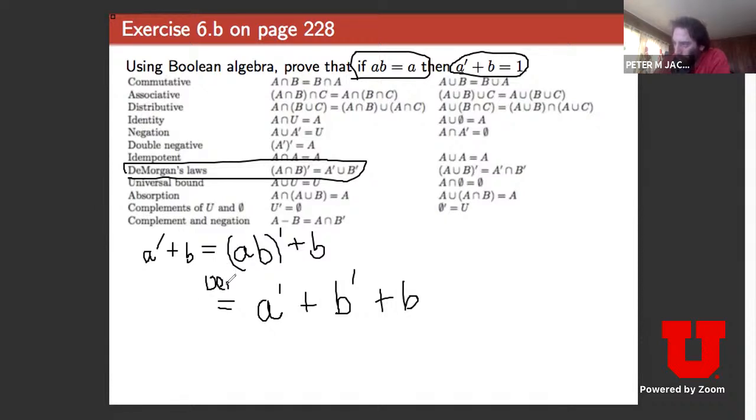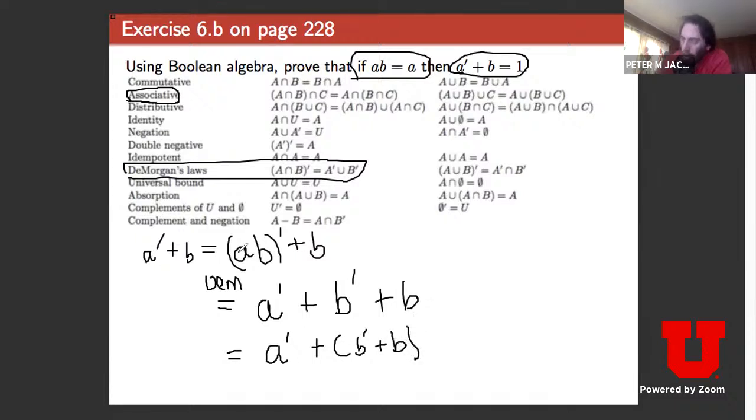So we would say that we use De Morgan. The next one, Dr. Cohen would like us to be explicit with everything we write down, so we're going to apply the associative property next. The associative property lets us write this as A prime plus (B prime plus B).